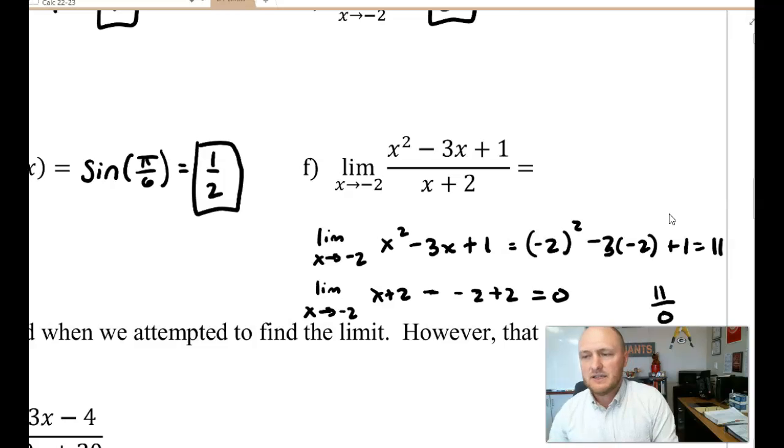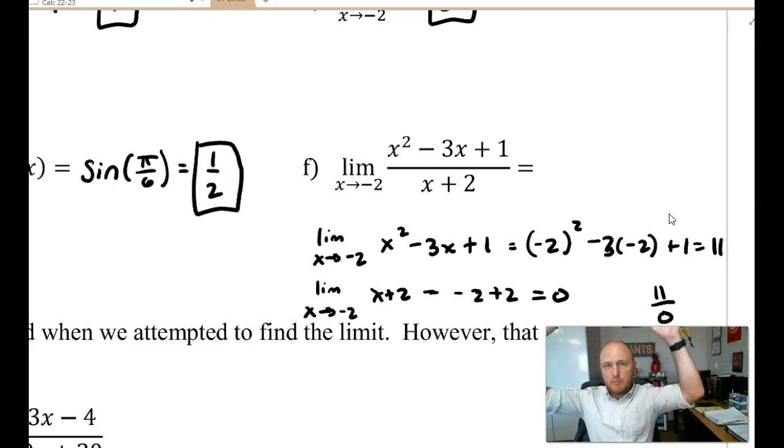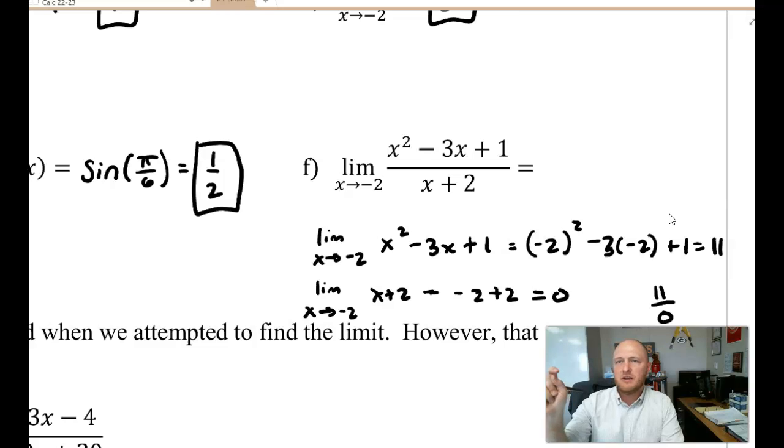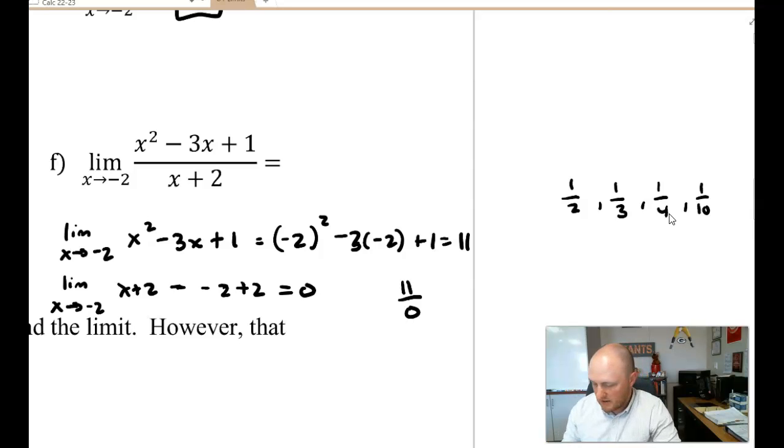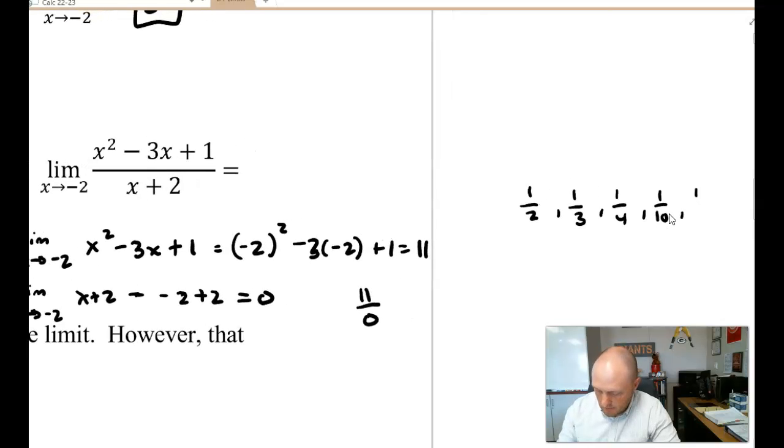Anytime you're dividing by 0, this limit is going to get extremely big. It's going to increase. Imagine having something and dividing by smaller and smaller pieces. To illustrate this idea, 1 over 2, think about how much that is. 1 over 3, how much is that? 1 over 4, that's a quarter. 1 over 10, that's a tenth. 1 over 100, that's a penny.